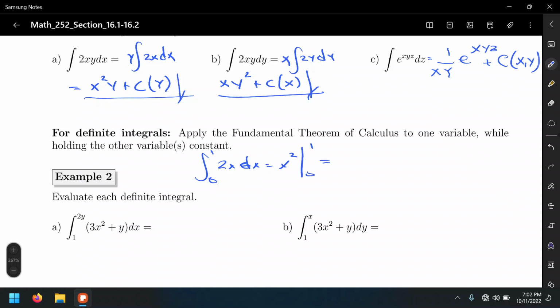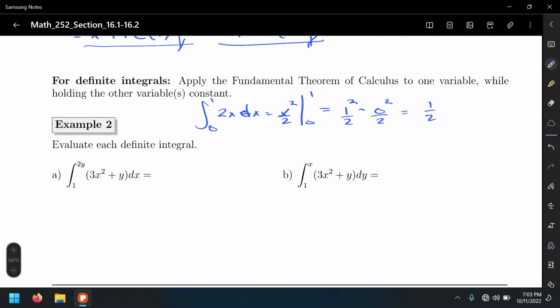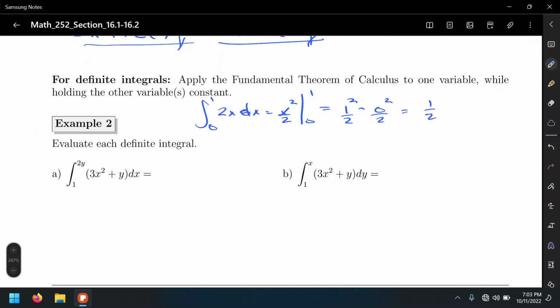In this case, we plug in 1 wherever we see the letter x. That's 1 squared minus 0 squared, which in this case is 1. All right. How do we apply this to functions of multiple variables? Well, in this case, keep in mind that we are integrating with respect to x.